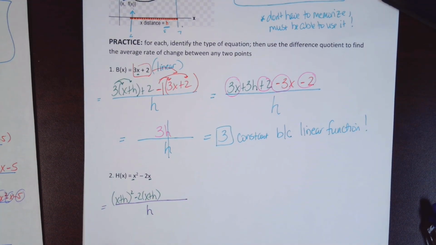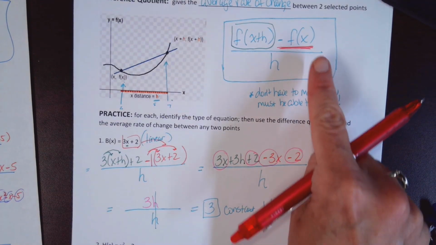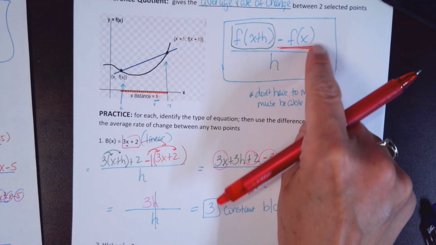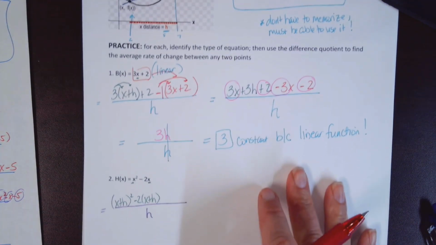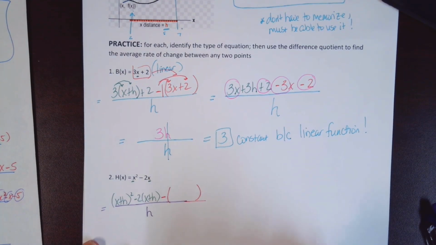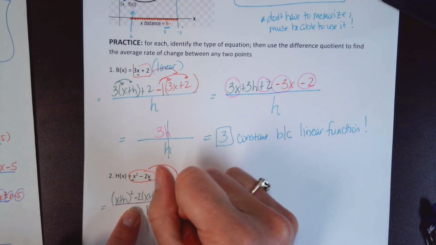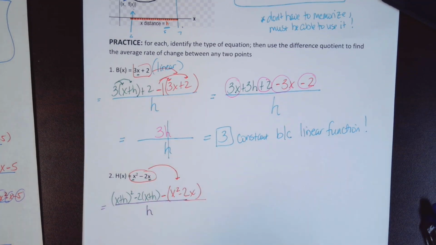Note the parentheses, they matter. Parentheses are important. And then the second part of my difference quotient is to take the original function and subtract that original function. I subtract the entire function, so I again have parentheses, and I stick my original function inside those parentheses to be subtracted.